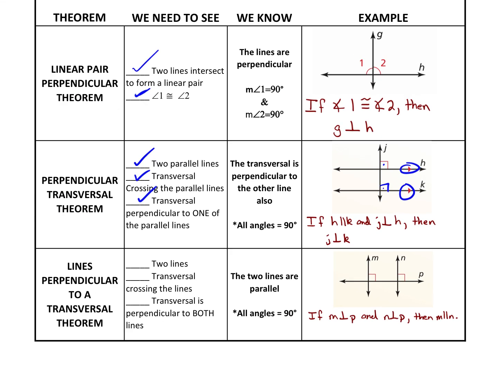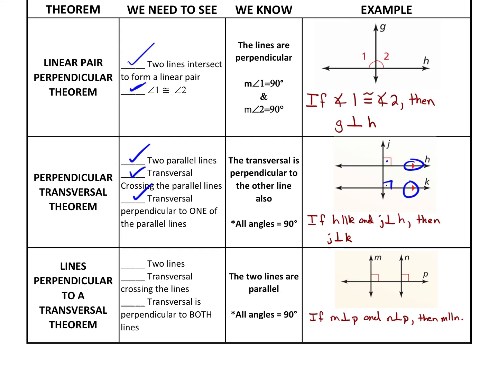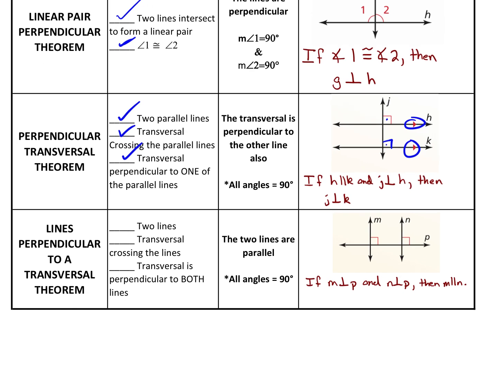All right, last one. Lines perpendicular to a transversal theorem. All right. So do we have two lines there? Yeah, we got two lines. Yes. Angie, do we have a transversal going through them? And what's the letter of the transversal? P. P is a transversal. It's crossing the two.